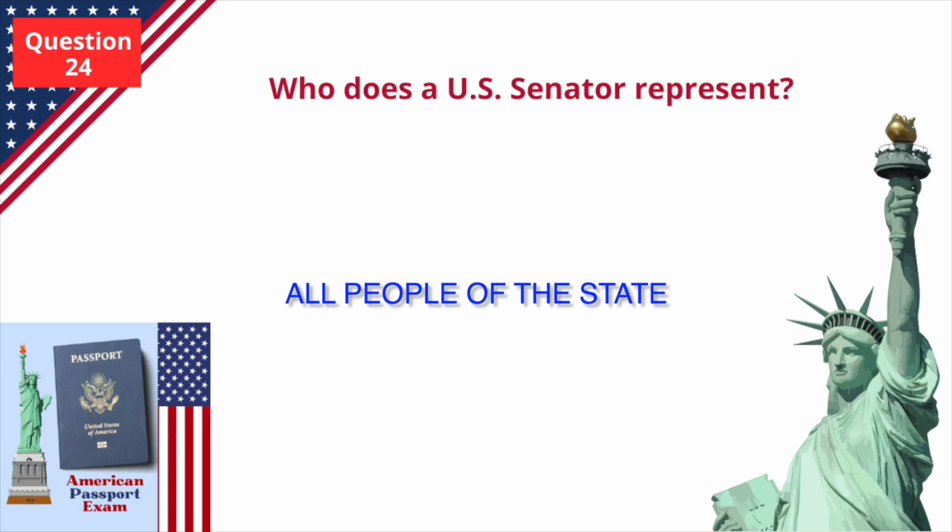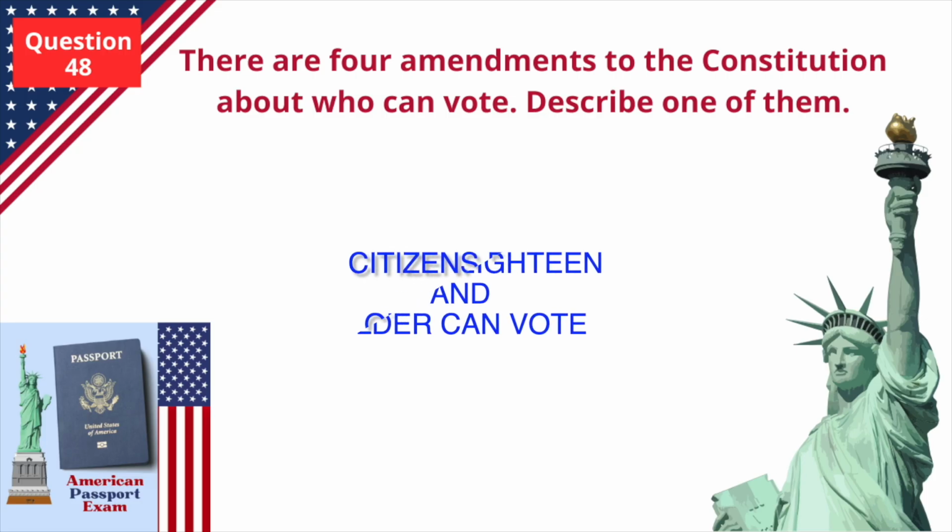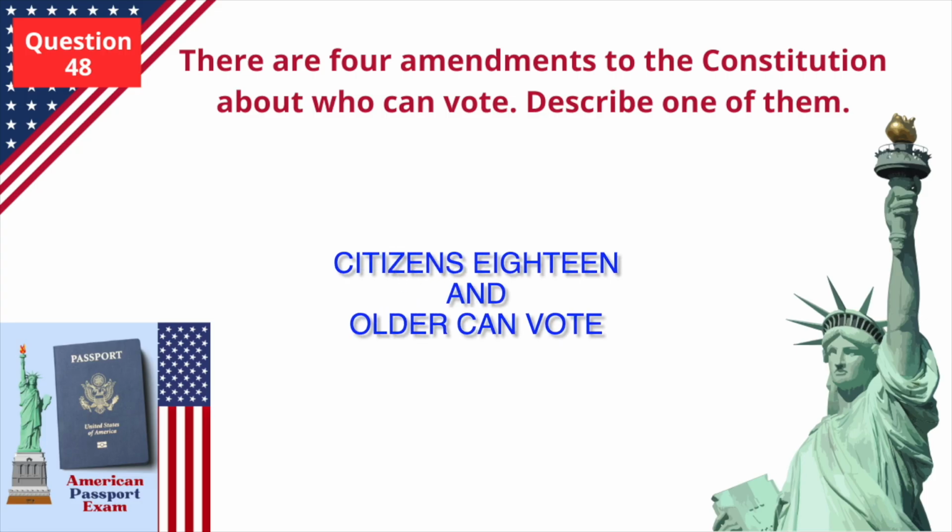All people of the state. There are 4 amendments to the Constitution about who can vote. Describe one of them. Citizens 18 and older can vote.